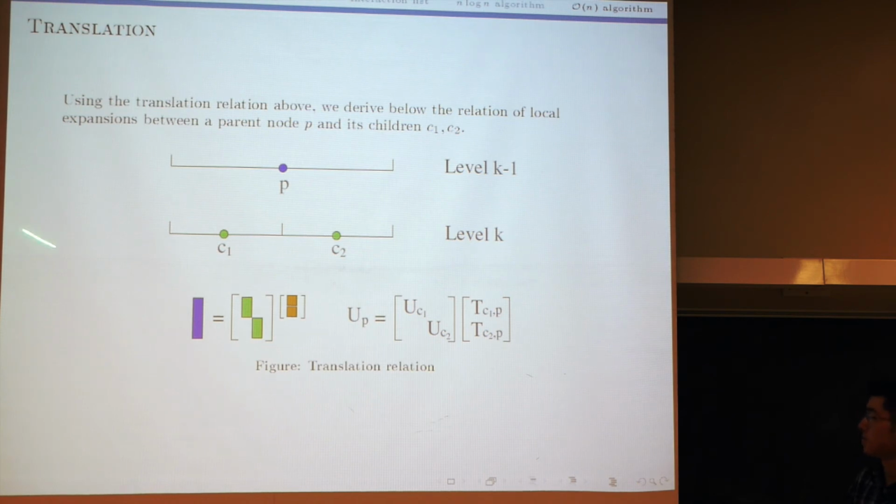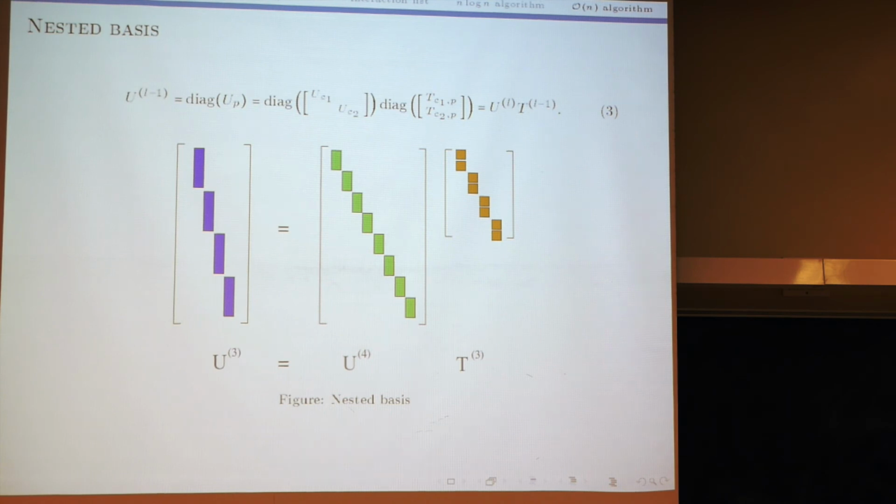If we put this into the factorization of the large matrix we introduced before, we see that the column basis at level L-1 can be obtained from the column basis at level L, one level below level L-1.